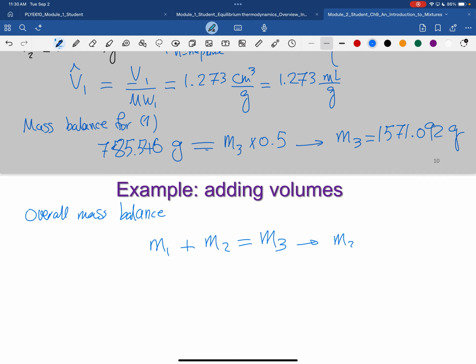So M2 is going to be 785.546 gram, right? So this is the mass of N-heptane. Does it make sense?